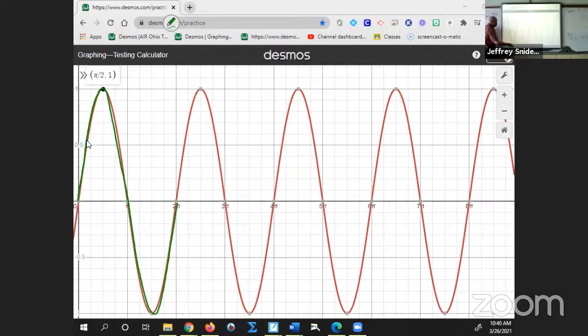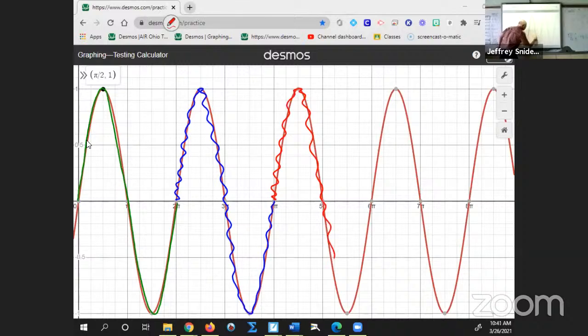What happens then? The graph repeats, and it goes and does the exact same thing. And then it does it again. Okay? And when I look at it, look at the distance between the repeating locations of the graph.